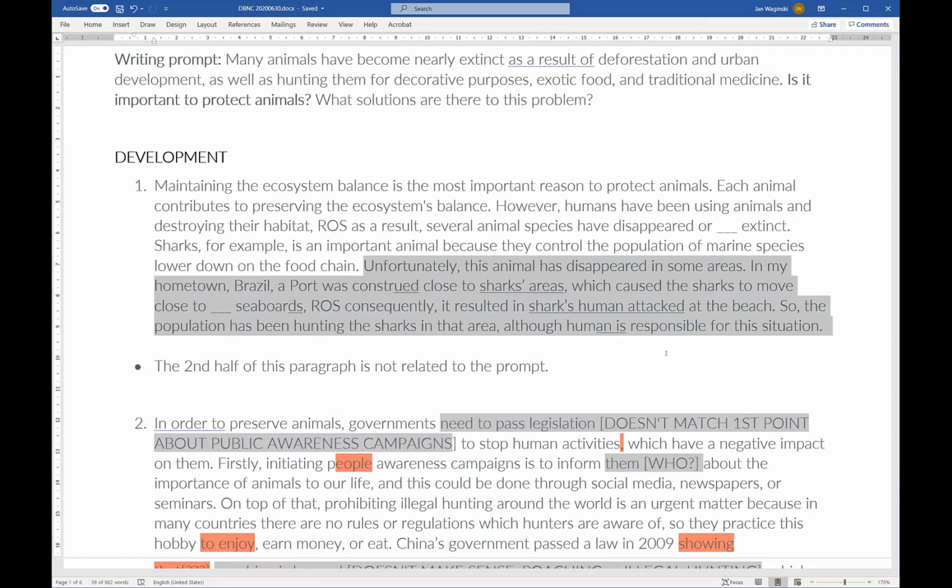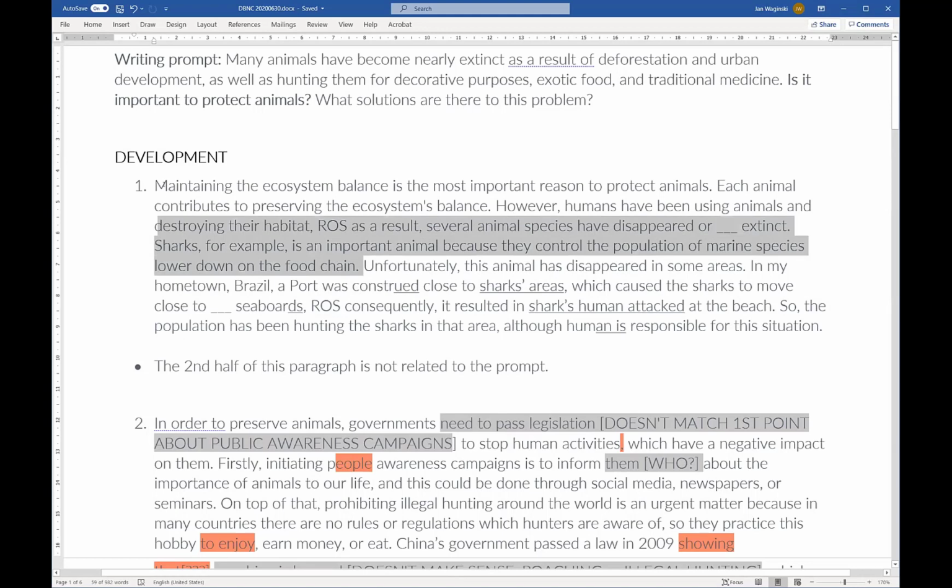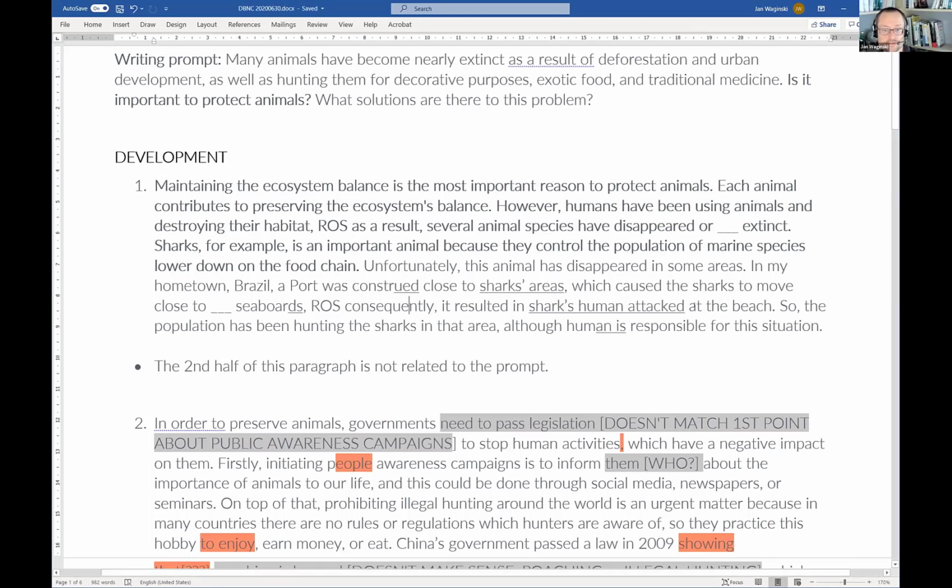So the first part, Jan, this is Kelly. Hi. I think the first part is actually answering the important to protect animals. Yep. And it also gives you a little bit of explanation. The second part, which is the solution, I haven't read it yet. So, right, so this is not the solutions paragraph. This person had, was this yours? Because the person who wrote this, they had another solutions paragraph.